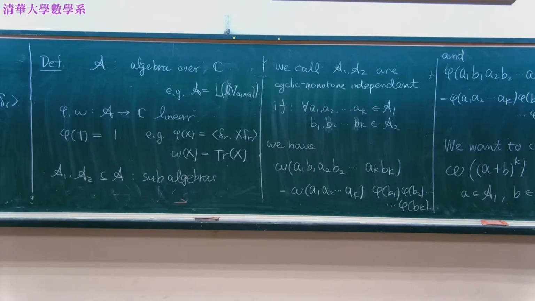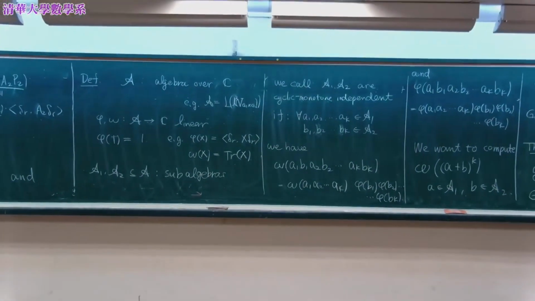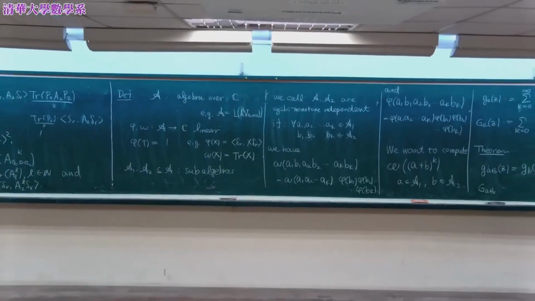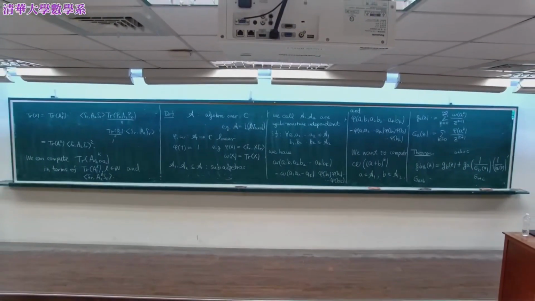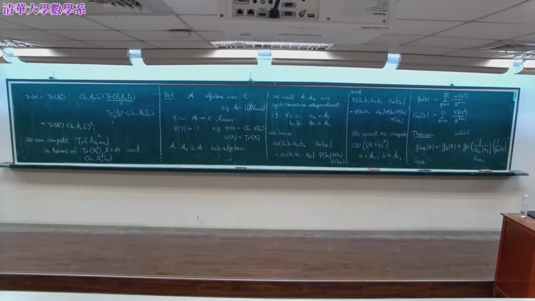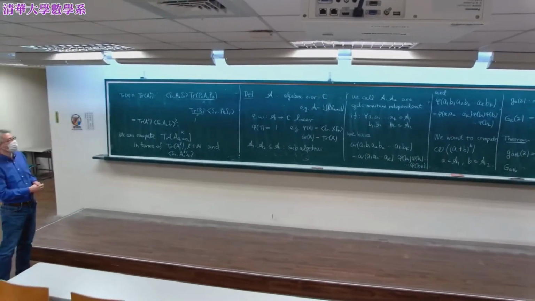Maybe I should say that this formula is a reformulation of a formula known in the 1970s. Little g tells you information about omega, and capital G tells you information about phi. But if you are given the little g, how about the information about phi?